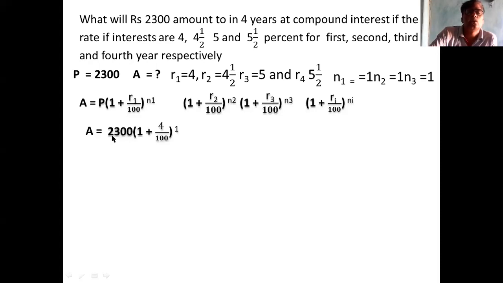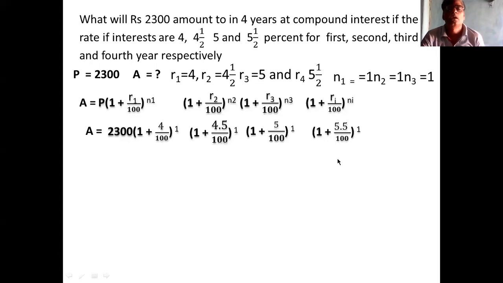Now fill in the values. A is equal to P, which is 2300, times 1 plus 4 divided by 100 raised to 1, and second is 1 plus 4.5 divided by 100 raised to 1. Third is 1 plus 5 divided by 100 raised to 1. Fourth is 1 plus 5.5 divided by 100 raised to 1. Any doubt about this?